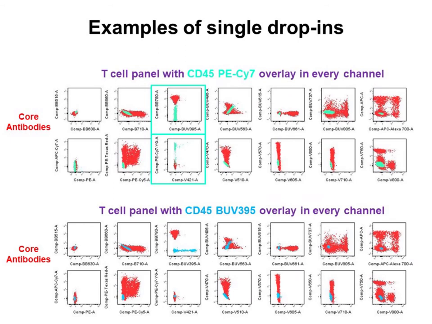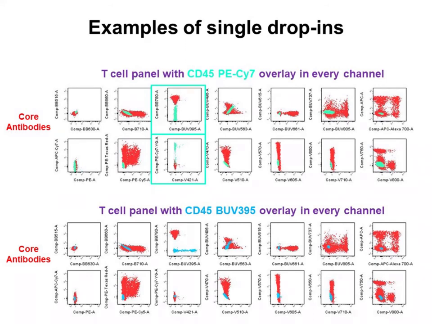To do so, we can look at every single stain of a high or low expressed marker across each fluorochrome and observe its effect on every channel. We show here a bright PE-Cy7 marker, which is CD45, and how it spreads, for example, in the BB790. That should not affect the core panel.